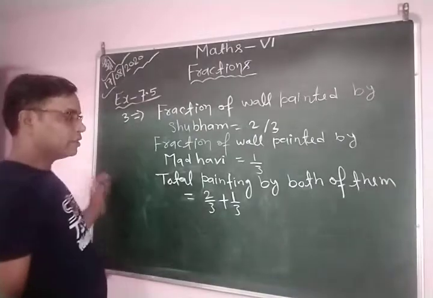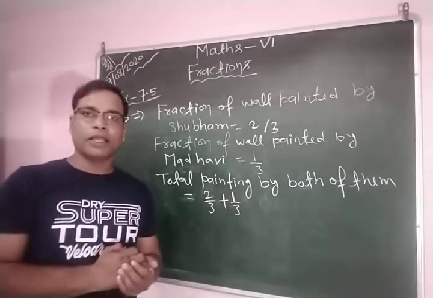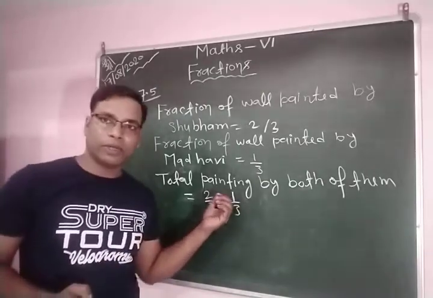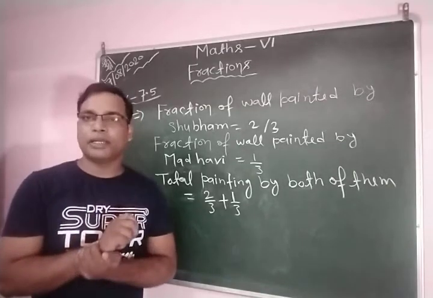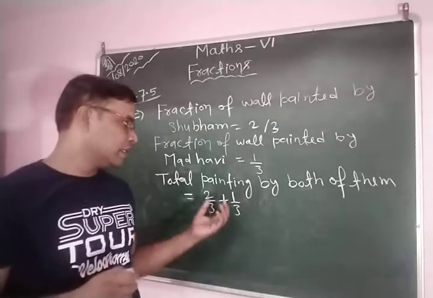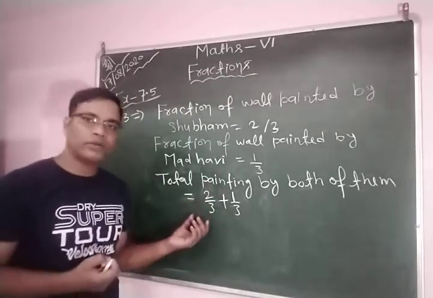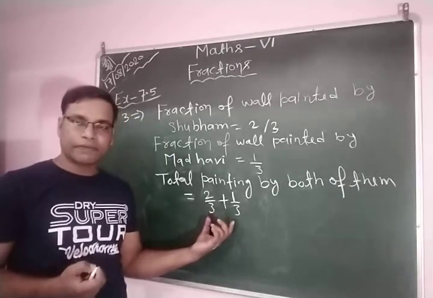Here a 2 by 3 portion is painted by Shubham and his sister has painted a 1 by 3 portion. So what is the total area painted by Shubham and Madhvi? We add 2 by 3 and 1 by 3. You know how to add, because these are like fractions.